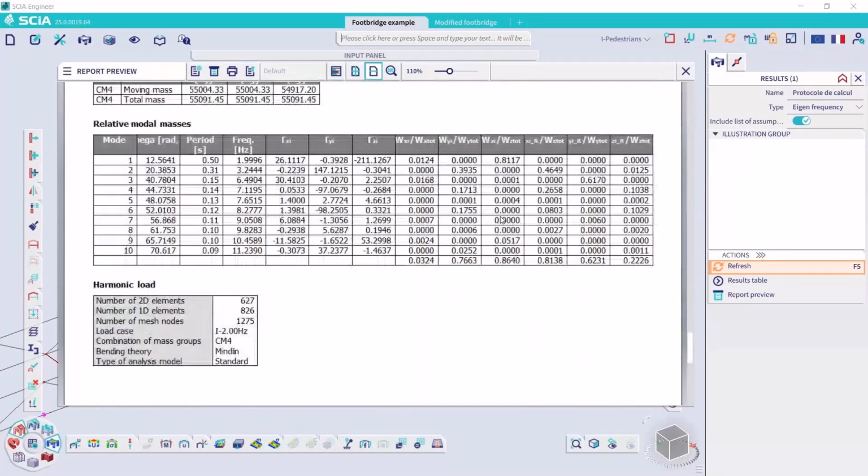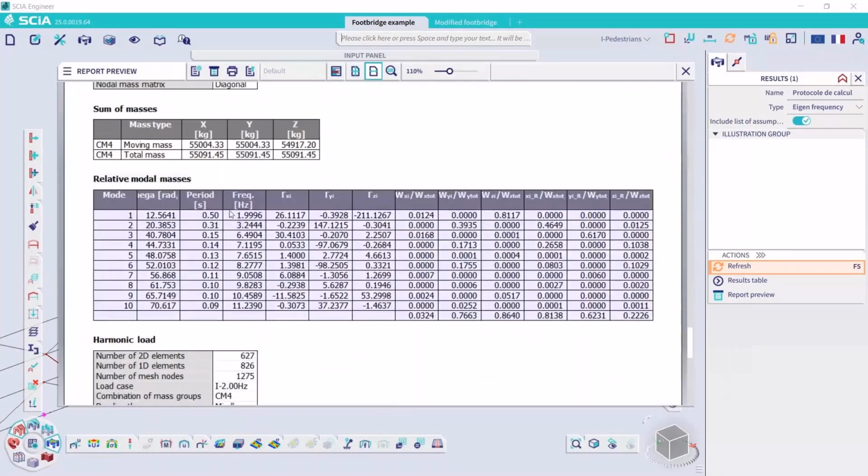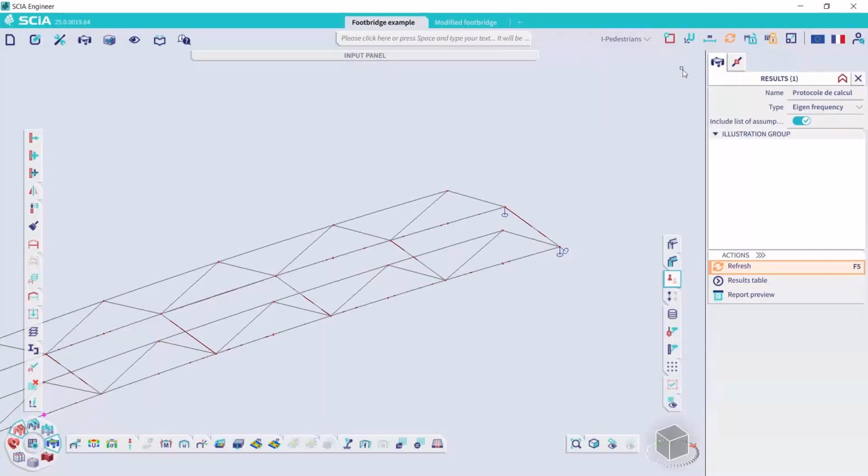And for the class 1 footbridge, the frequency falls to 2 Hz, and we have a mass participation of 81%. So for these two types, we are still in the range 1 of natural frequencies. For class 2 footbridge, it corresponds to a case 1 load case. And for the class 1 footbridge, it corresponds to a class 2 in type 2 load case. So we will need to carry out the vibration analysis.